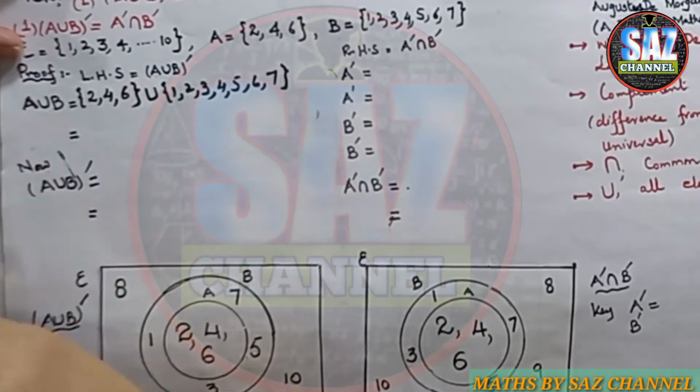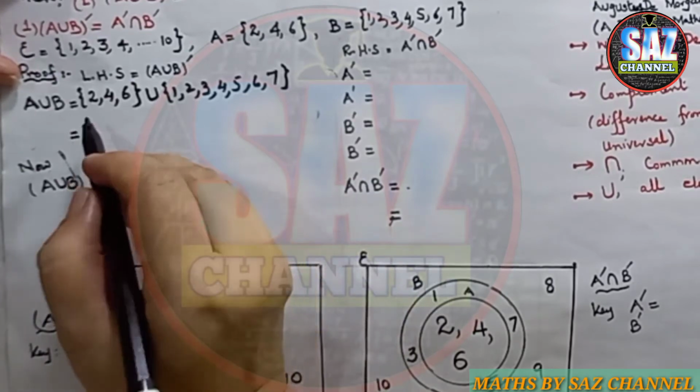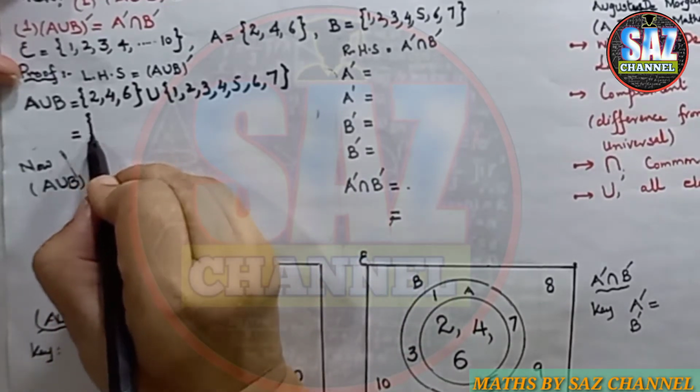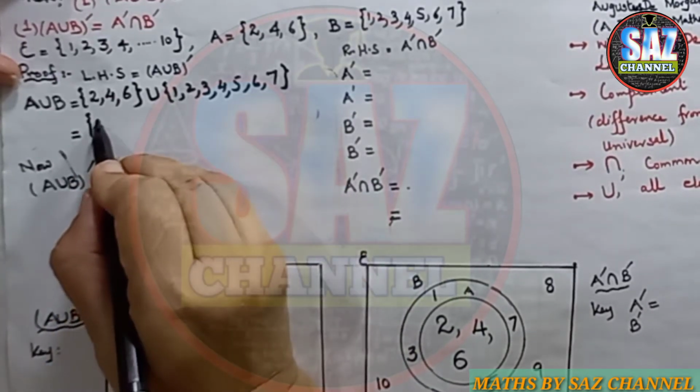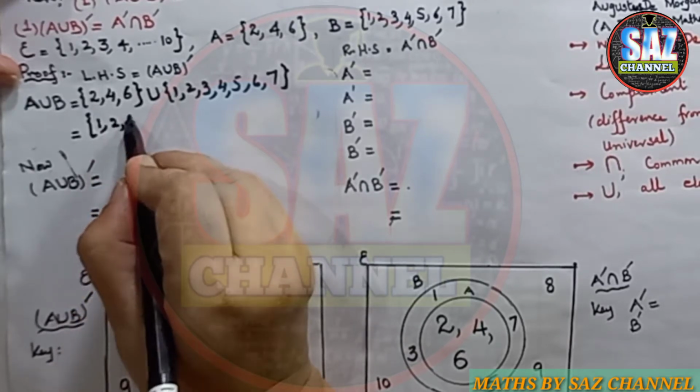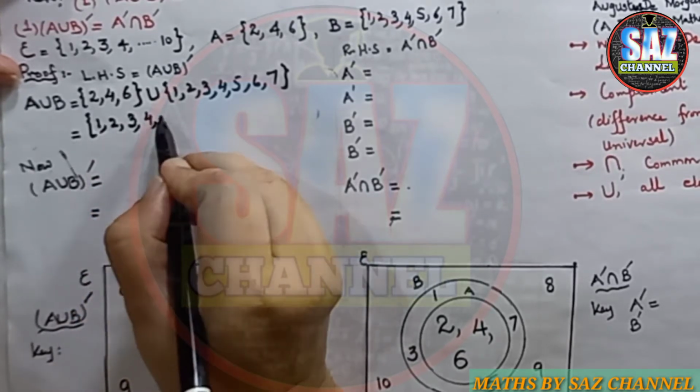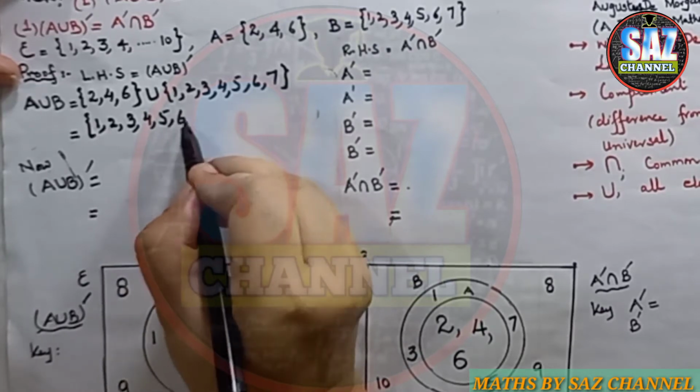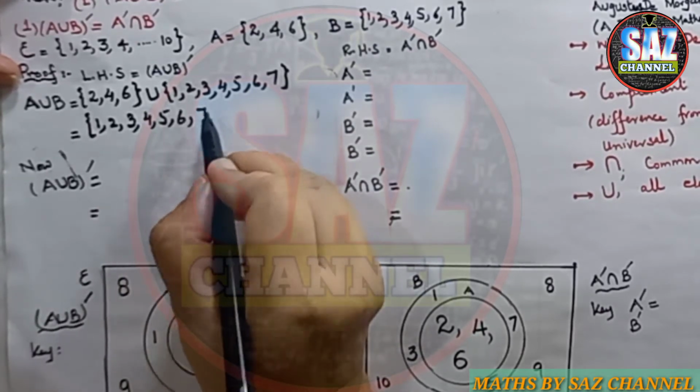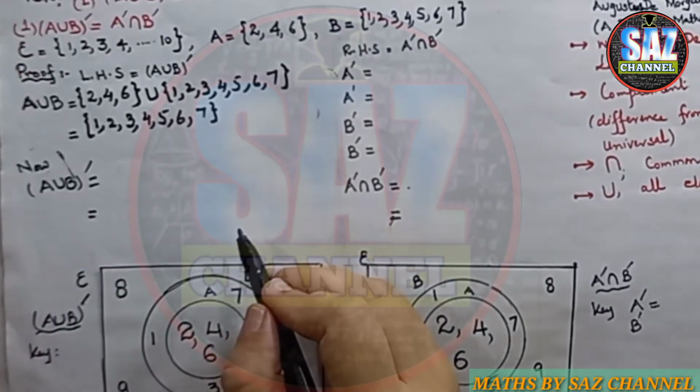As we know, union means collection of all the elements without repetition, so I can take 1 from the second set, then 2, then 3, then 4, 5 and 6. 6 is at both places, and 7. This is the answer of union.